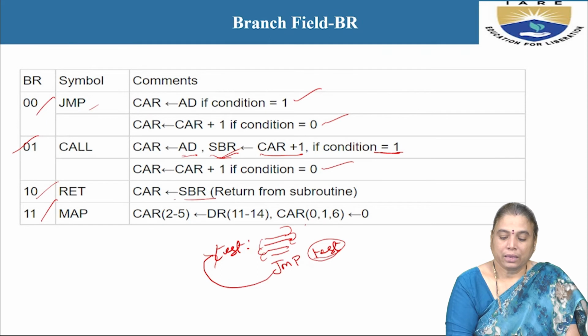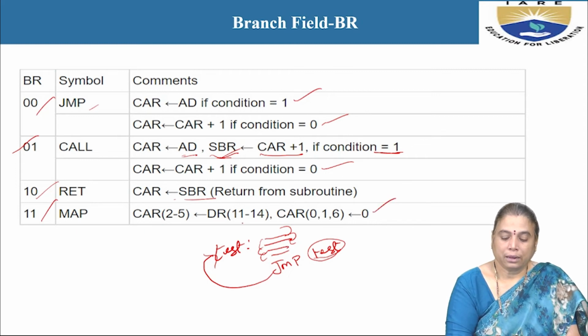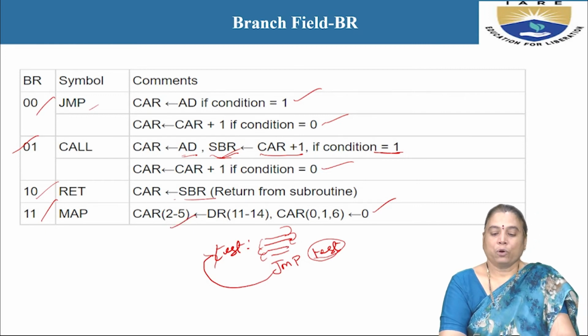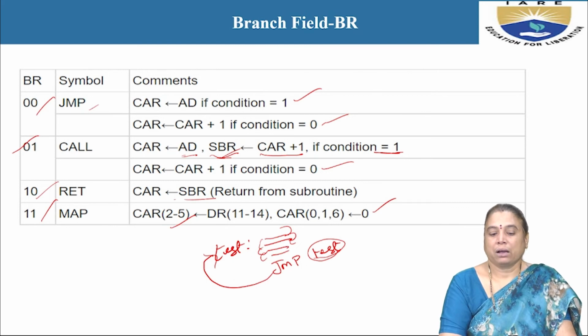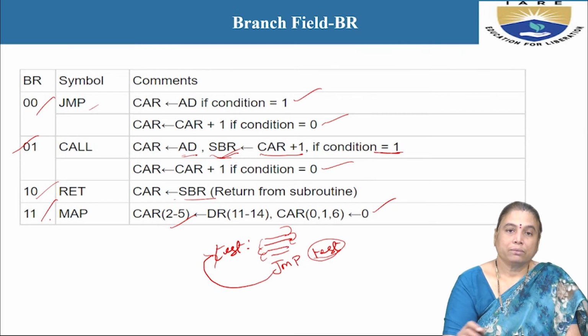Here the CAR 0 to 1 fields are 0, and the DR 11 to 14 is moved to the CAR 2 to 5. So the opcode of the address register is copied directly to the CAR, preceded by 2 zeros and followed by 1 0, so that the address mapping logic is implemented when BR is 11.